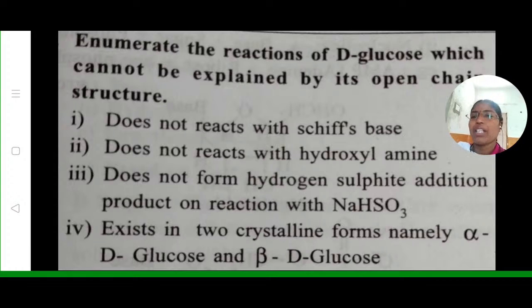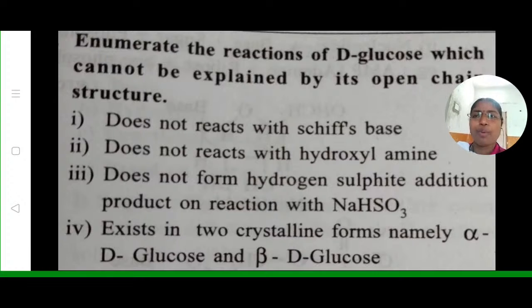Fourth, it exists in two crystalline forms, namely alpha D glucose and beta D glucose. These two crystalline forms cannot be explained by the open chain structure.